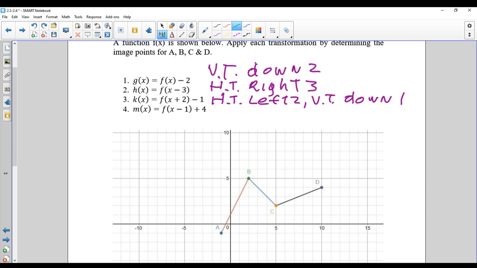Left to right means X values get affected. A shift downwards of 1. The Y values get affected. So it's two things going on at the same time. I'd like to see you do that right now, please. Shift left, shift down. X's get subtracted by 2. Y's get subtracted by 1 of the original values. Okay?